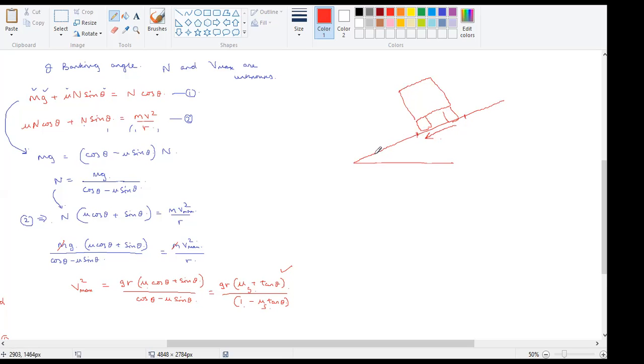What do you think? Within the marks, I believe. So that means the car is not sliding downwards. Do you agree? No, sir. So since it is not sliding down with respect to the banking road, it is static. And that's why we use mu s here. Okay. That might be slightly confusing.